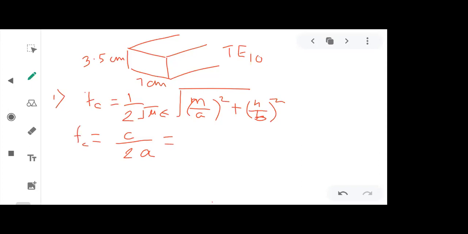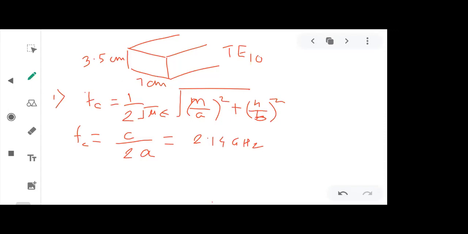And if you substitute all these values, then you will get a frequency of 2.14 gigahertz. This is the cutoff frequency. So you will operate this waveguide at a frequency larger than this 2.14 gigahertz, because this is the cutoff frequency.